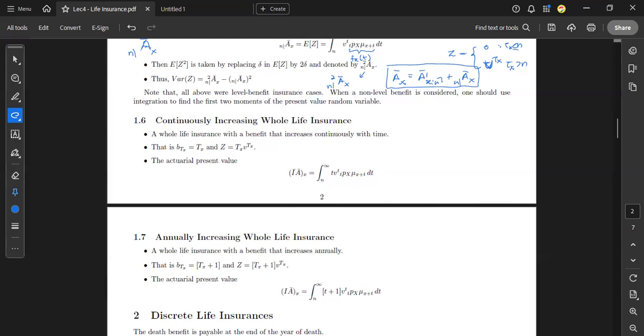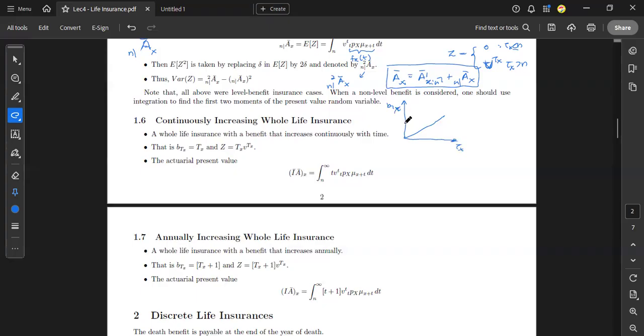So if I draw this, they are directly proportional. That means with time, the benefit increases like this. So this is the benefit and this is the future lifetime.